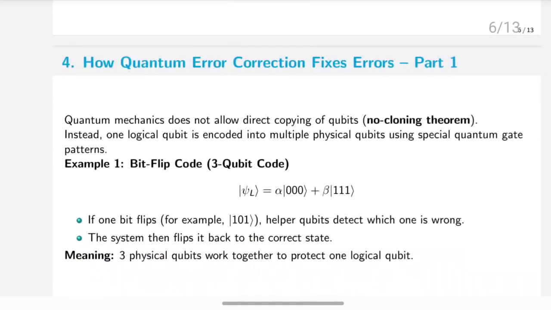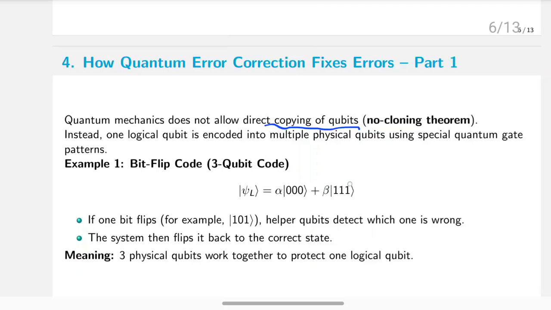Okay, now moving on to how quantum error correction fixes these errors. As I already said, we cannot directly copy qubits. So instead, we encode one logical piece of information into many physical qubits. That allows us to correct some errors.